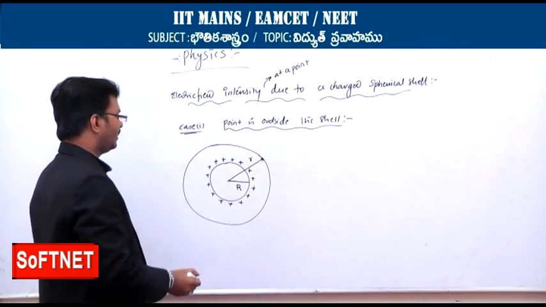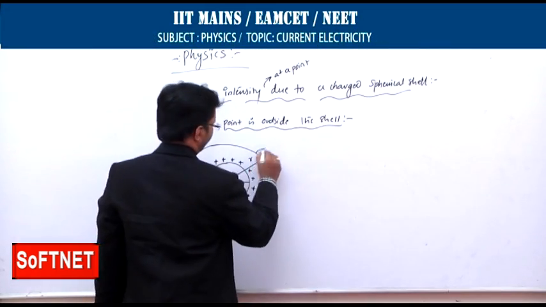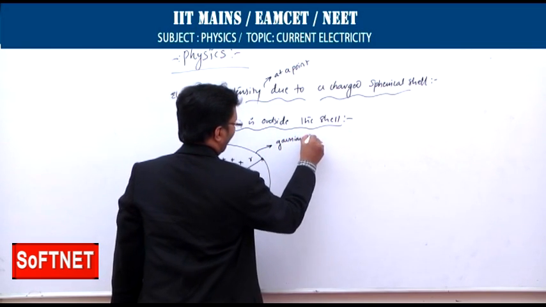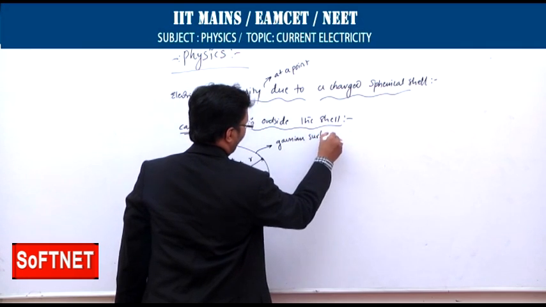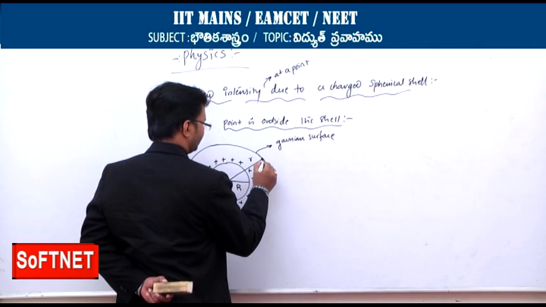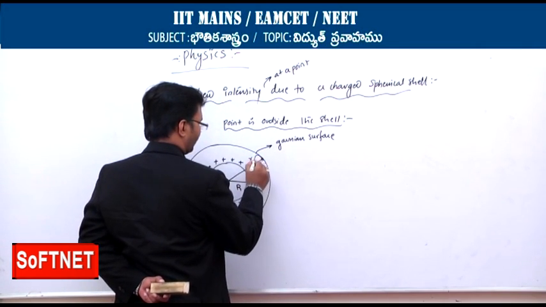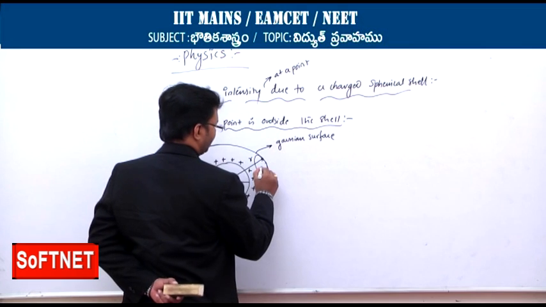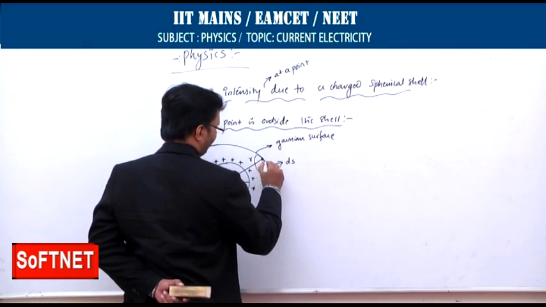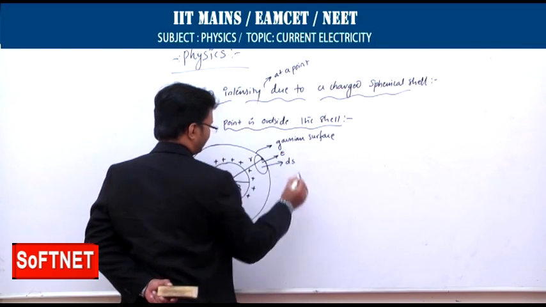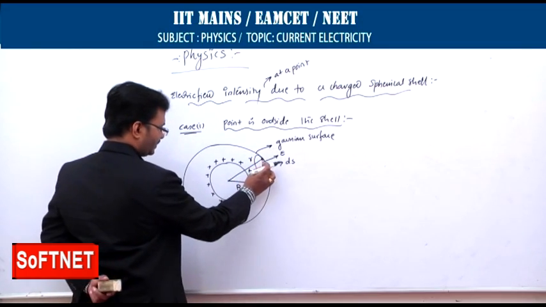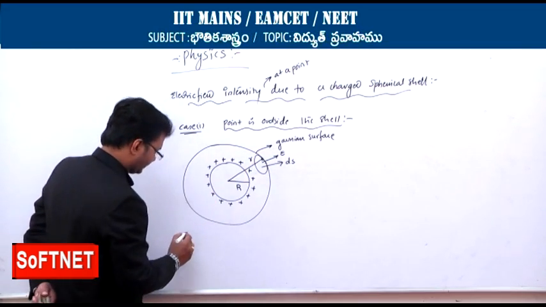It is a spherical Gaussian surface. Now, consider a small part of the region. The surface area direction is this direction. At this point, the electric field is also in this direction. Clear?